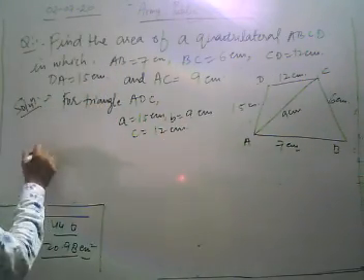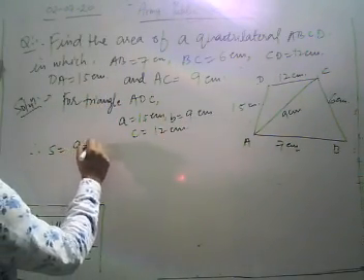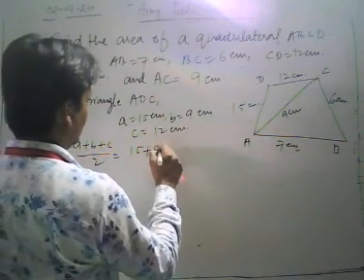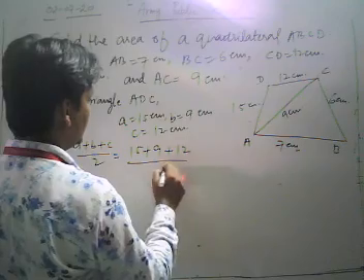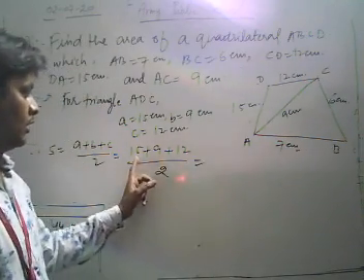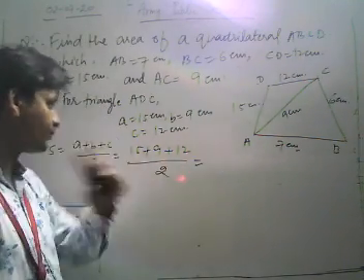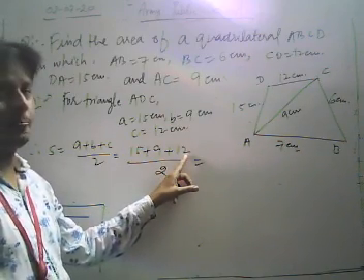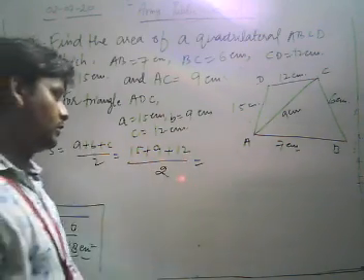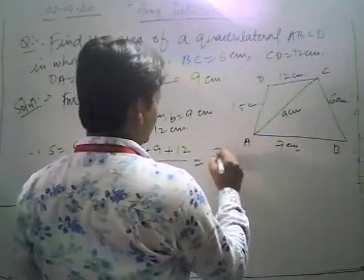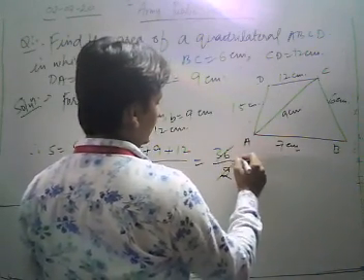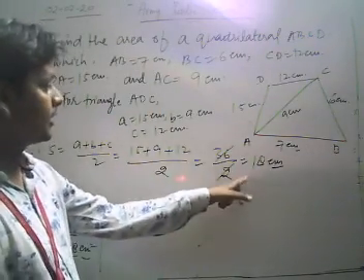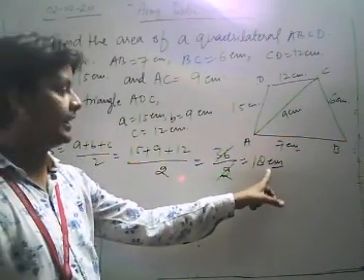Now the value of S is A plus B plus C upon 2, that is 15 plus 9 plus 12 by 2. 15 plus 12 is 27, 27 plus 9 is 36, upon 2 that is 18 centimeter. So the semi perimeter of the triangle ACD is 18 centimeter.